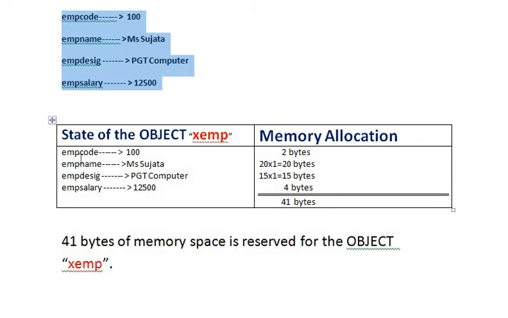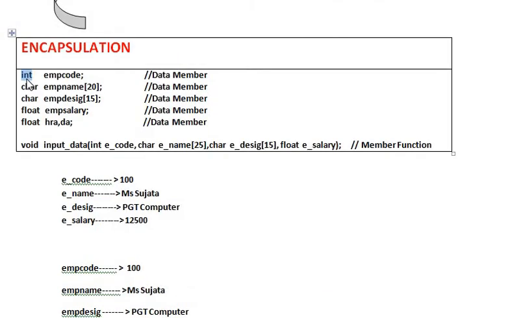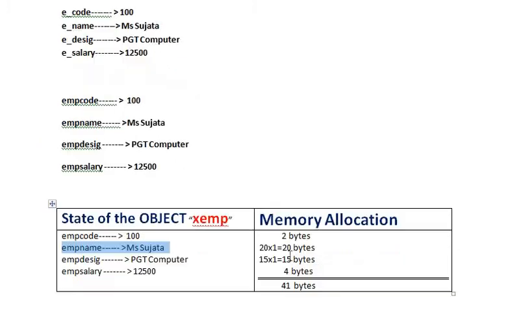The data member emp_code, which is assigned the value 100, occupies 2 bytes of memory space. This is because the data member emp_code has the data type int. Again, when the parameter value Ms Sujata gets assigned to this data member emp_name, 20 bytes of memory space shall be allocated to this data member.